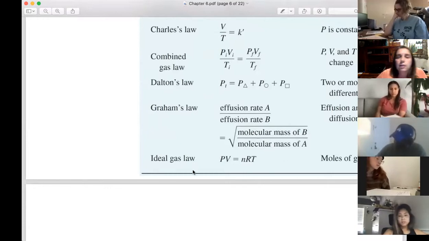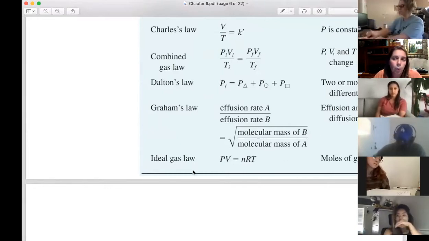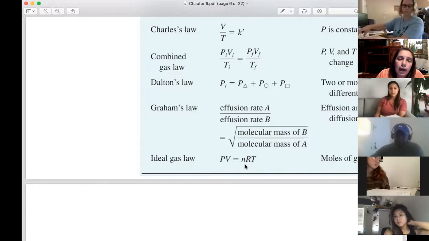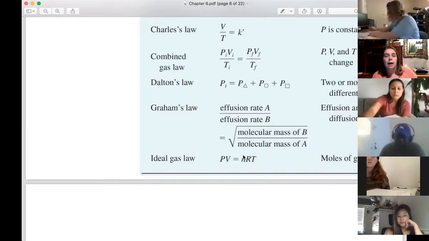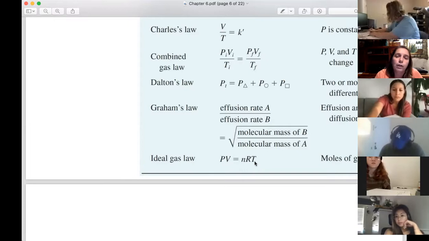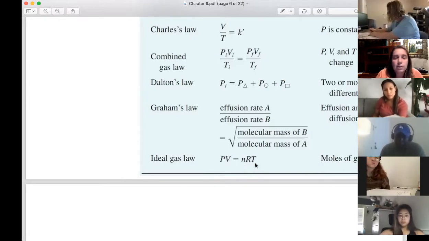This ideal gas law will help us do a similar kind of system with gases, because right here, this little n represents moles of whatever gas we're talking about. Oftentimes if we're given 2 amounts, we can figure out the pressures, or if we're given all this information and it looks like a limiting reactant problem, what you're going to be given is pressure, volume, and temperature. R is a constant. You'll see it in a second. I would write that down in your notes. And then you're going to have to solve for the moles.